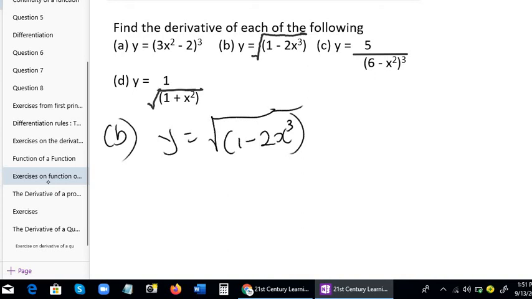Now, a question like this might be confusing unless you use the rules of differentiation. So you always differentiate u in respect to x. So let u equal 1 minus 2x cubed.